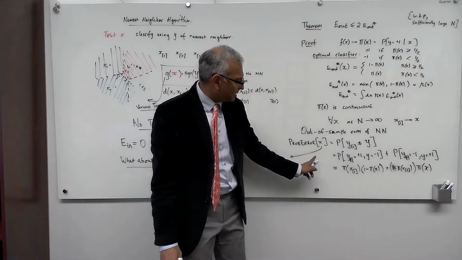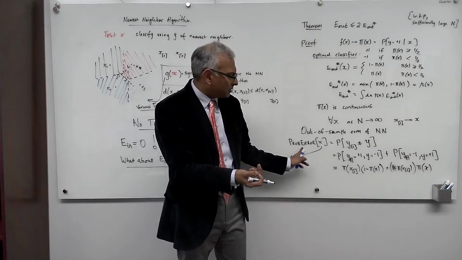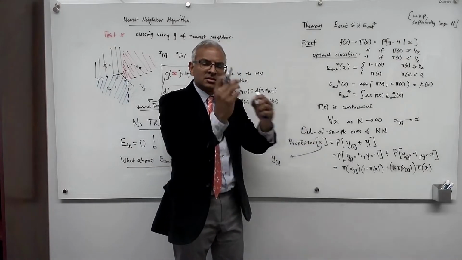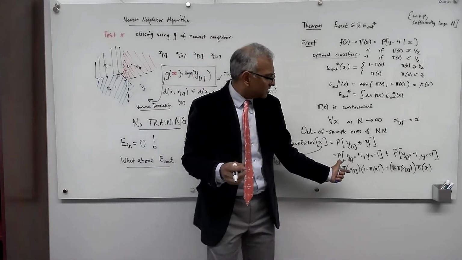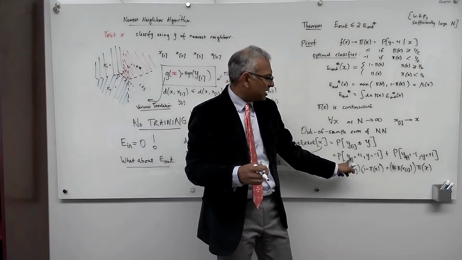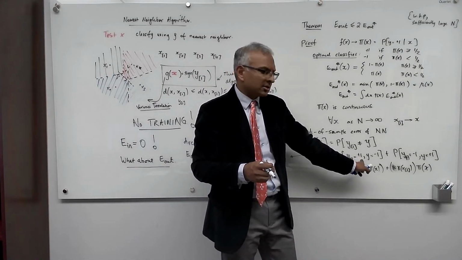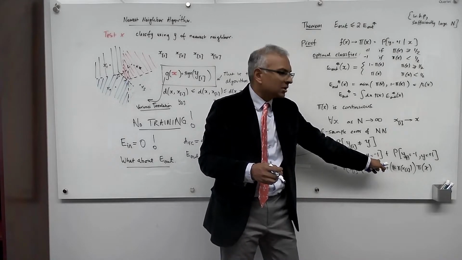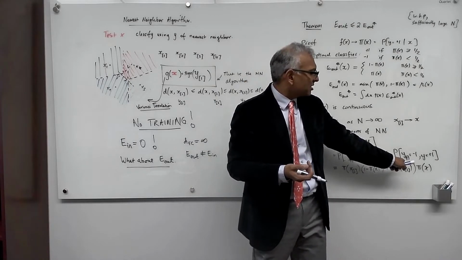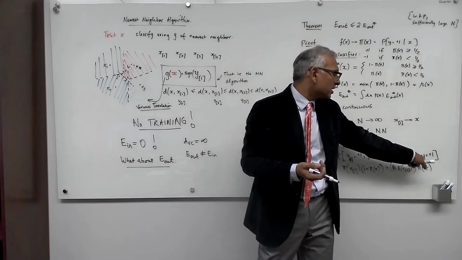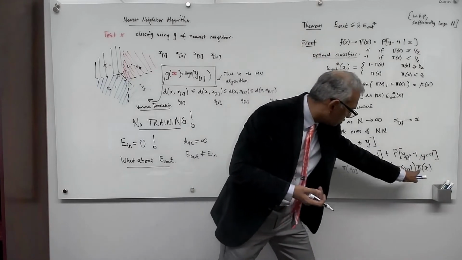So this is the probability that my nearest neighbor algorithm makes an error on X. It's composed of two parts: the chance that your nearest neighbor is saying plus 1 but the actual Y value is minus 1, plus the chance that your nearest neighbor is saying minus 1 and the actual value is plus 1. And we just computed those probabilities.